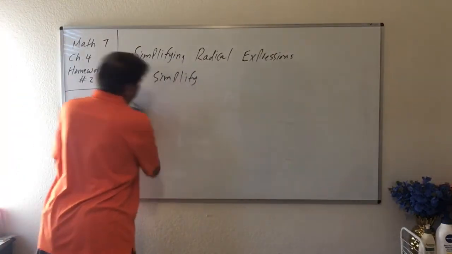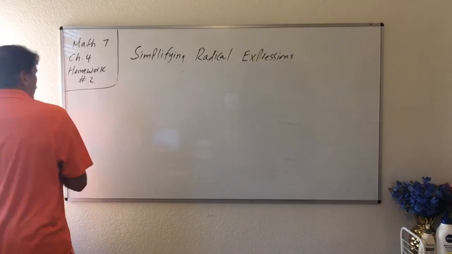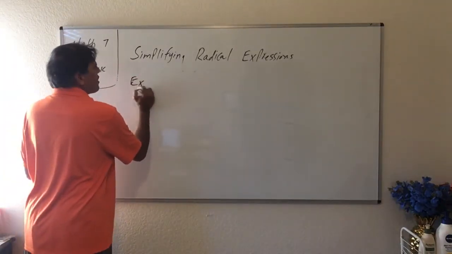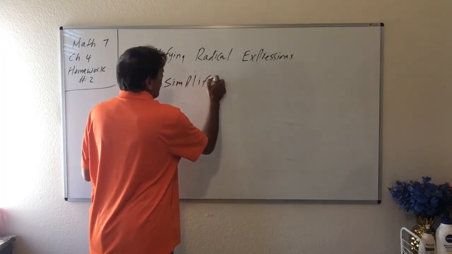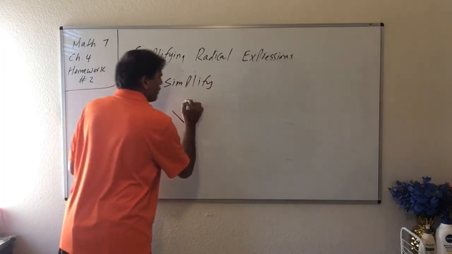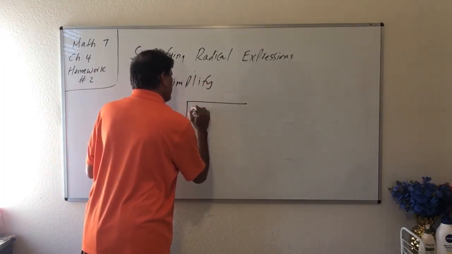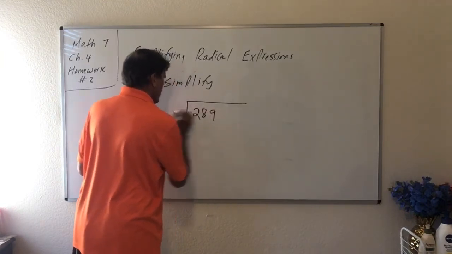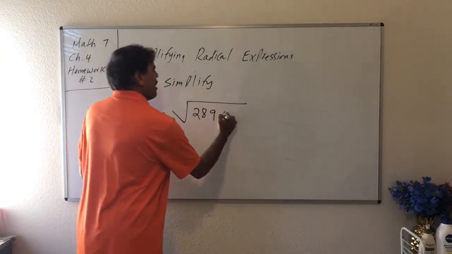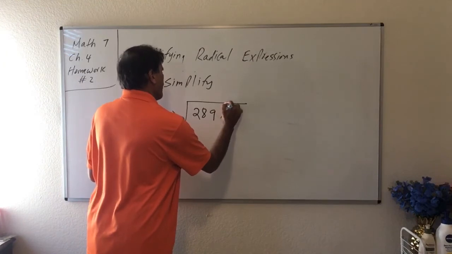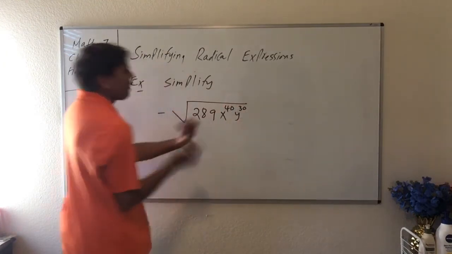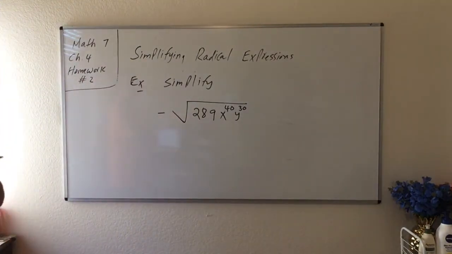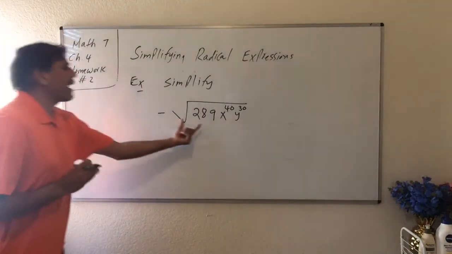Sometimes on purpose they put a negative in the front. So remember, if the negative is outside, simplify. For example, this one is 289, negative outside, x to the power 40, and y to the power 30, something like this. You can use your calculator if you want.